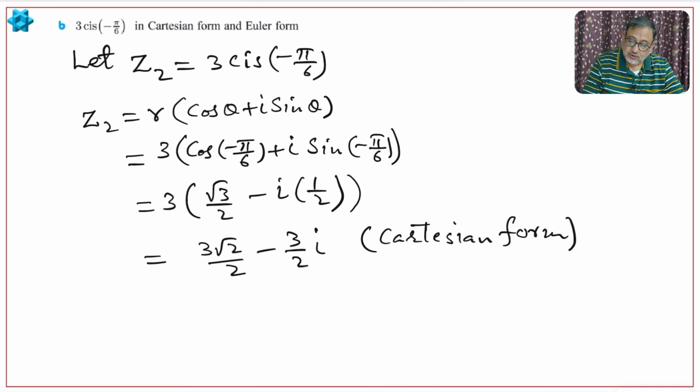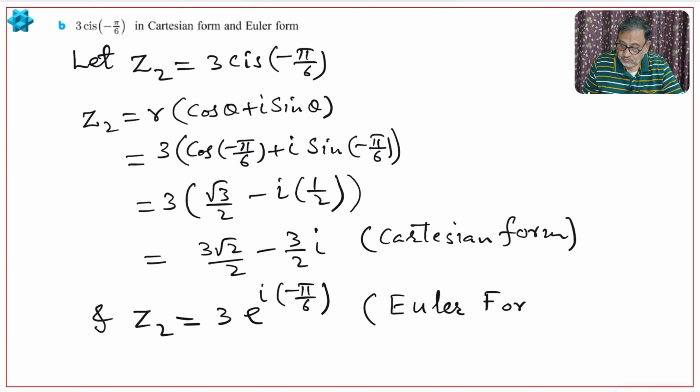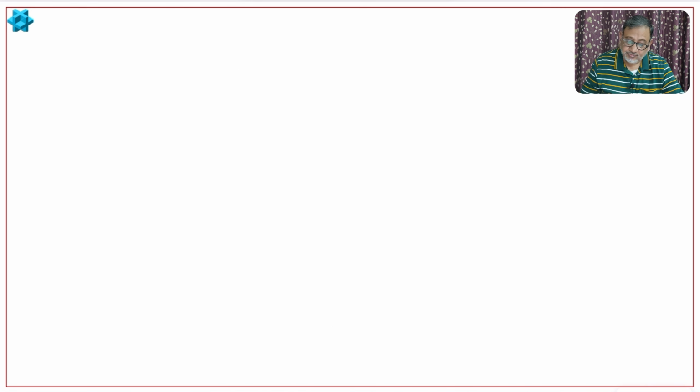Now Euler form is also required here. So we can directly write, because we already have theta. So z2 is equal to 3 e raised to i into negative pi by 6. That's it. We can write it directly if theta is given, right. So this is in Euler form. Okay.